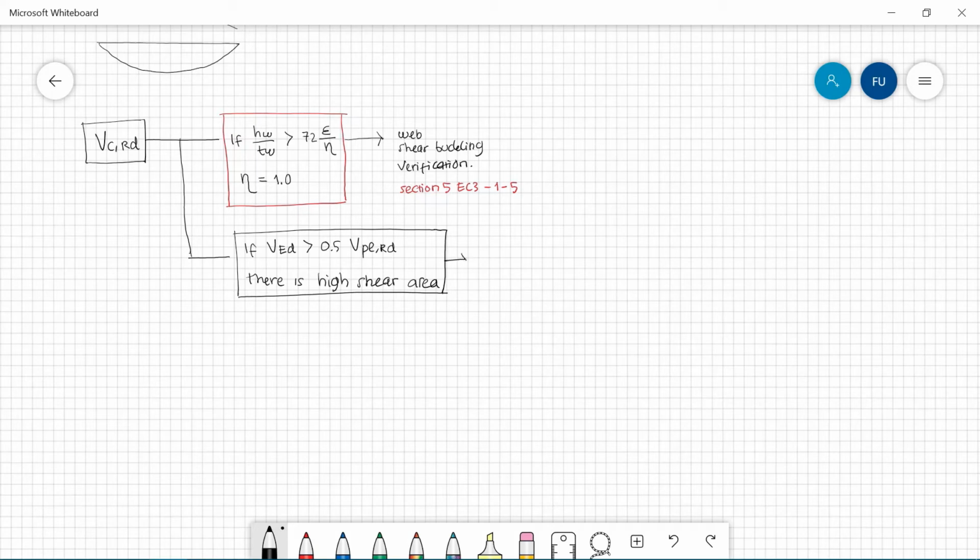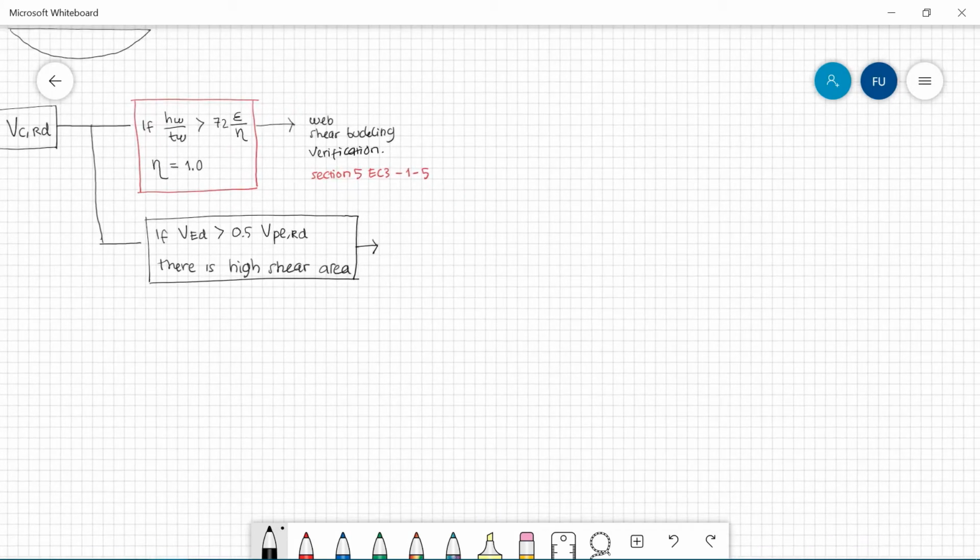So what should we do here? We reduce the nominal tensile strength to this value, 1 minus rho, Fy.